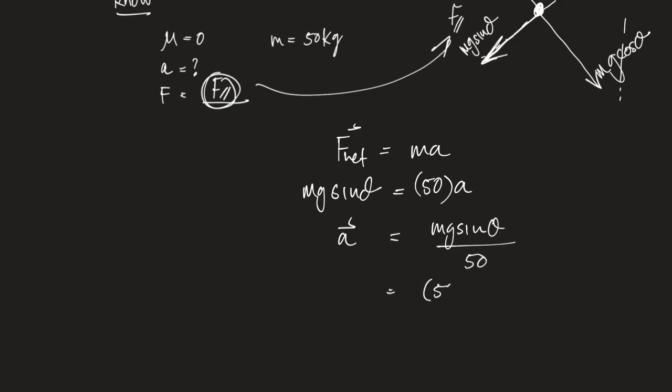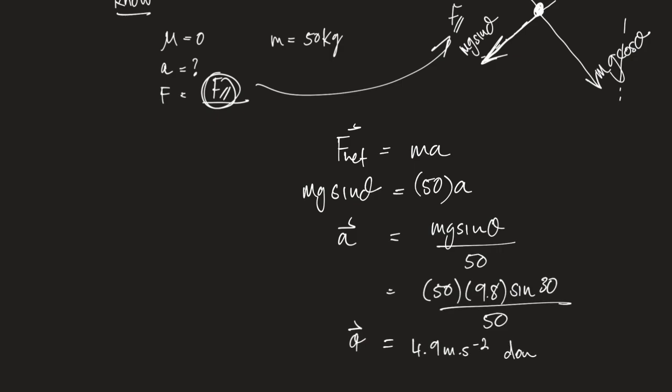I know my mass is 50, my gravitational acceleration is 9.8, sine and my angle is 30, all of that over 50. Pop it into your calculator and you should get an acceleration value of 4.9 meters per second squared downwards.